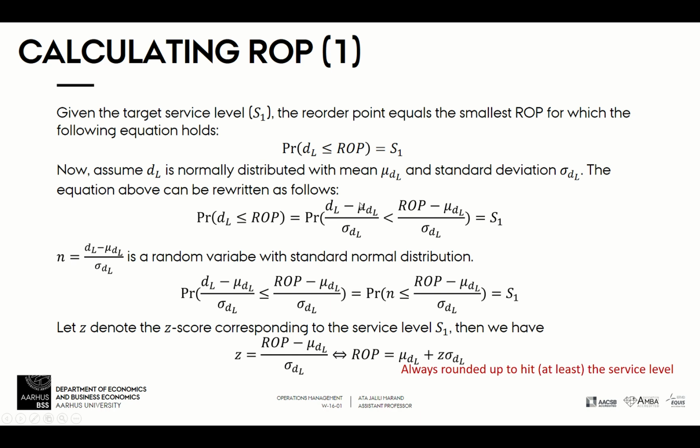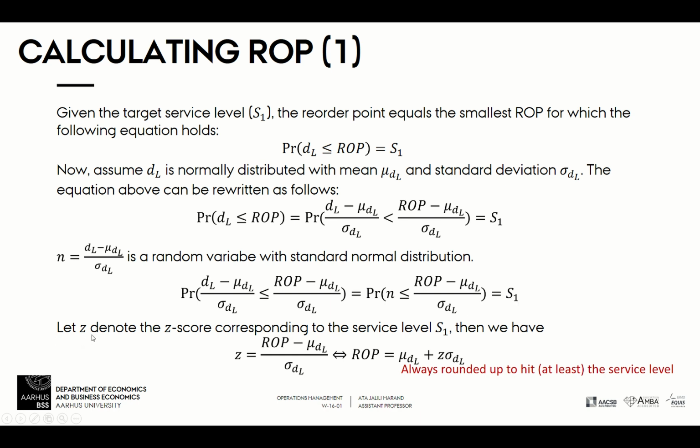Then DL minus mu DL divided by sigma DL is in fact a random variable that is distributed according to a standard normal distribution. So this expression can be written as the probability of N, which follows a standard normal distribution, being less than ROP minus mu DL divided by sigma DL. And we want to find a ROP that makes this probability equal to S1.